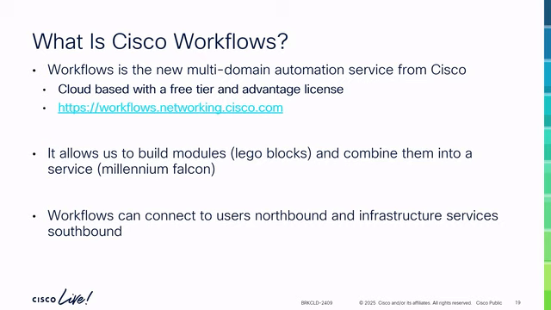workflows.networking.cisco.com. And the really cool thing that Pedro showed us is we have these Lego blocks. We can deploy network, deploy Kubernetes, deploy Google Kubernetes, deploy the cloud. And we can take those Lego blocks and build them into a Millennium Falcon, which is what we're trying to do today. The great thing about workflows is we can connect users northbound, like Pedro just showed.